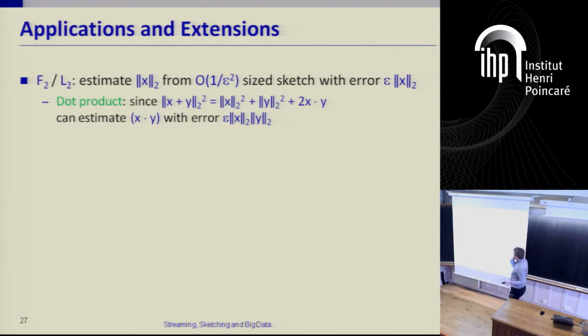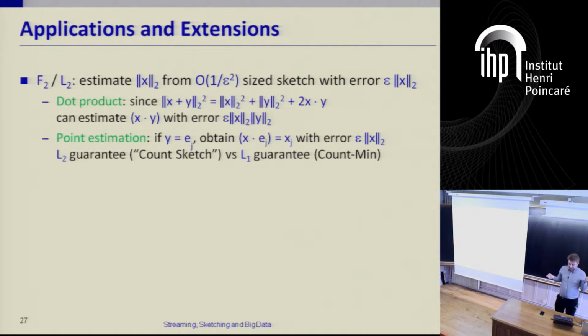I'd really like to be able to do this with error proportional to the answer. But because this problem encodes the hard problem of disjointness, the dot product being a generalization of testing if there is any intersection between 2 vectors, I'm not going to get relative error. I have to get this sort of additive error term.